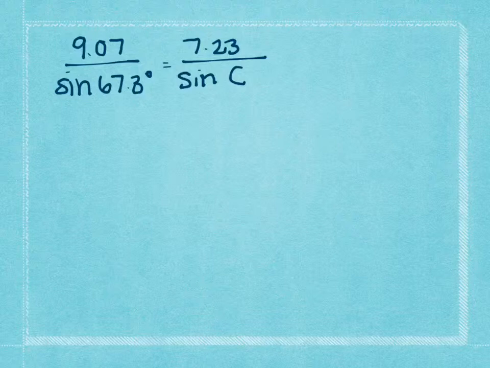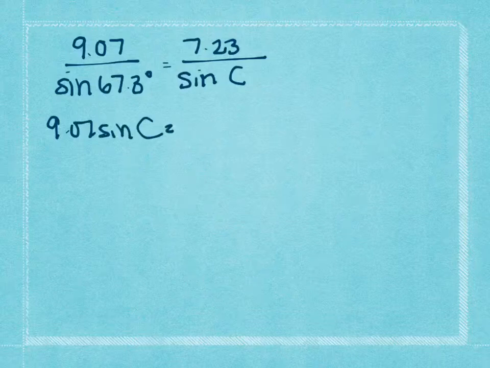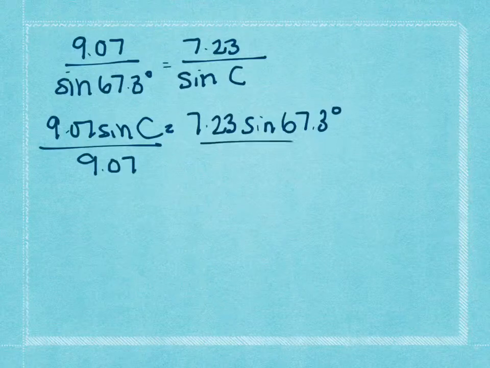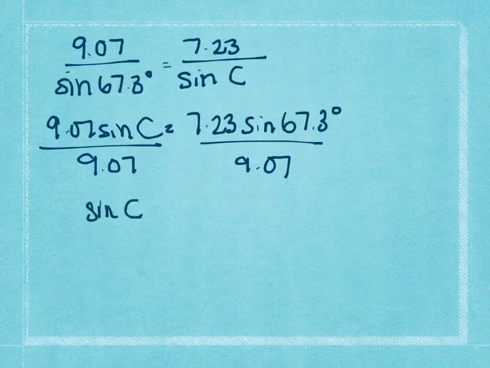Cross multiply, you bet. So I have 9.07 sine C equals 7.23 sine of 67.3 degrees. And then what? Right, divide by 9.07. That leaves me with sine of C on the left.